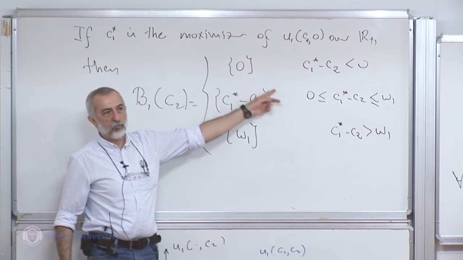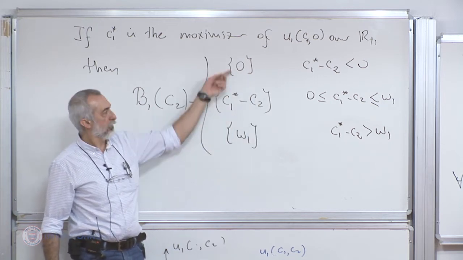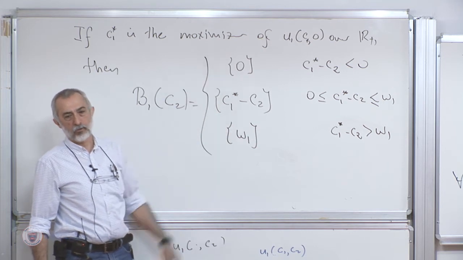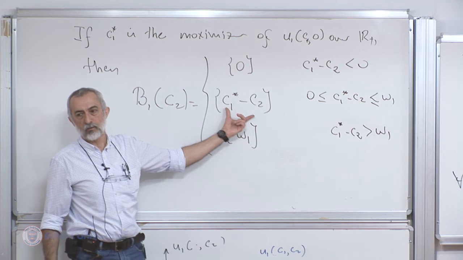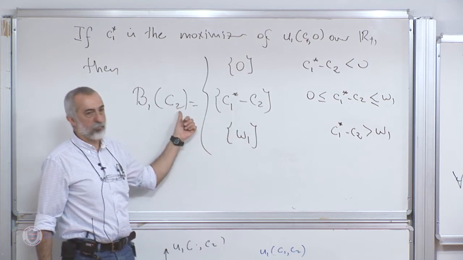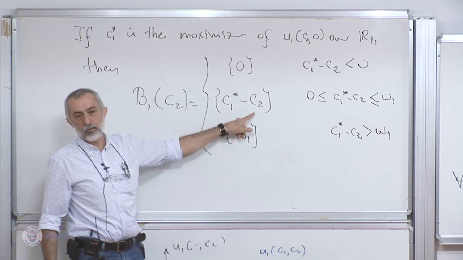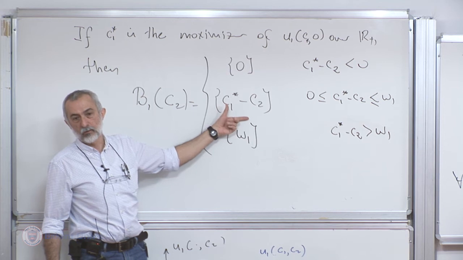But maybe just start thinking about this part, and then go into these. And this relation is a very simple relation, right? The relation between C1, the best response of player 1 to C2, and C2 is a linear relation here.